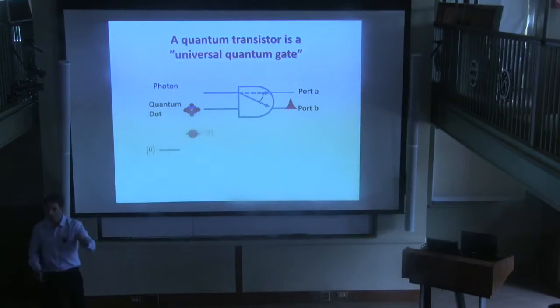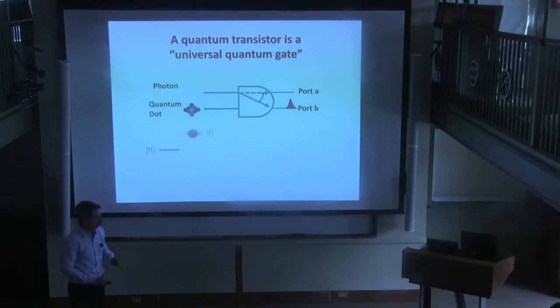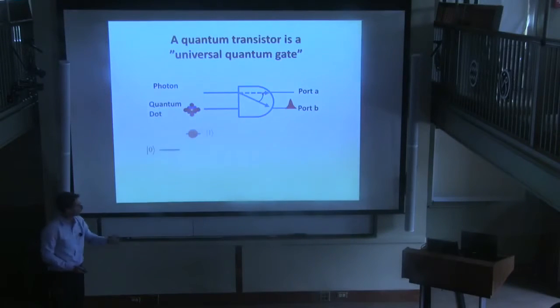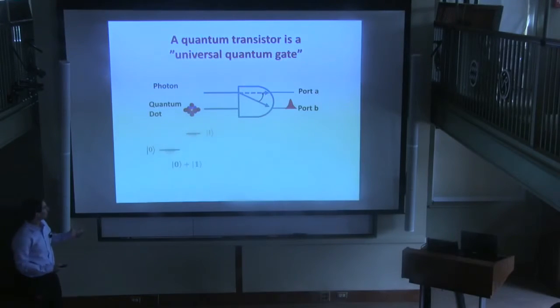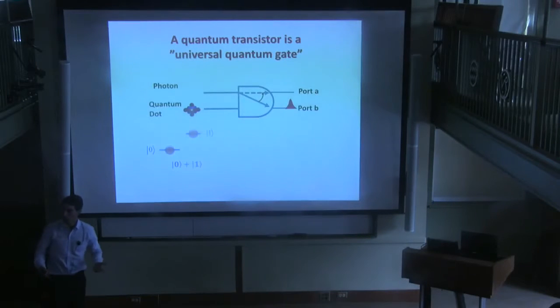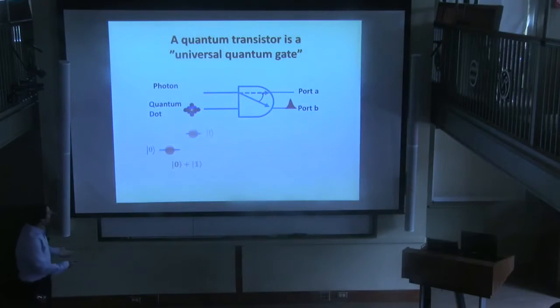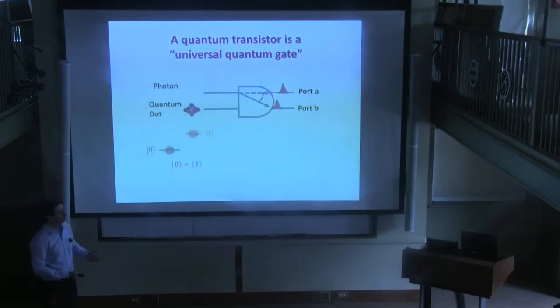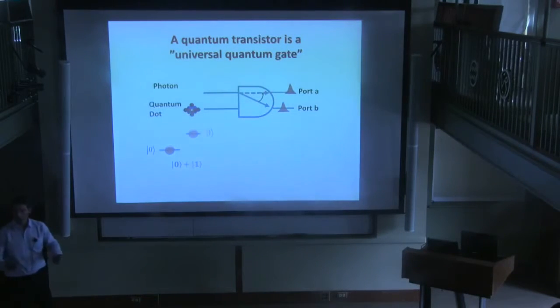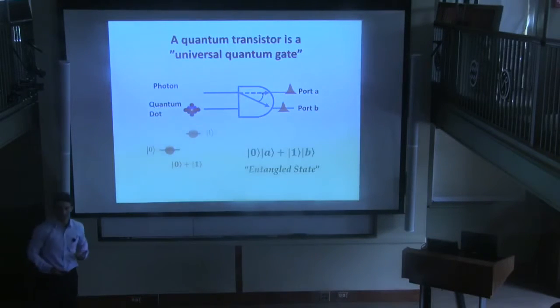But instead of a gate voltage, we're using the state of the dot. But there's an important difference between a regular switch, like a light switch, and this one, which is that, of course, the dot is a quantum system. So I can put it in a superposition state. And if I then implement this operation, I should get this kind of strange case where the photon splits into both ports, and what I end up with is an entangled state.